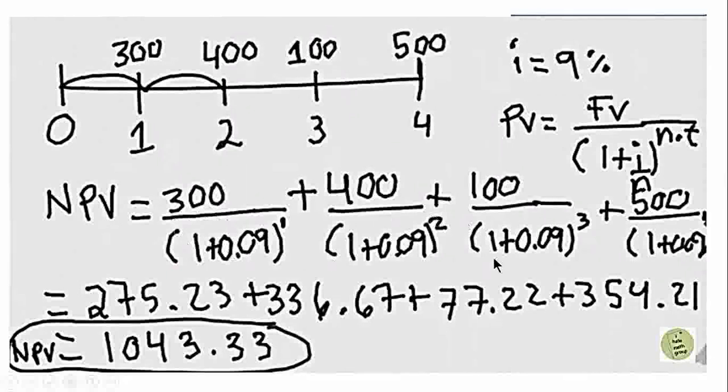Once you compute this on the calculator and come up with individual values, then add them, you come up with this figure, 1043.33, which is our net present value.